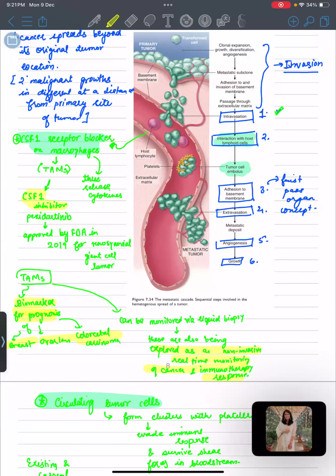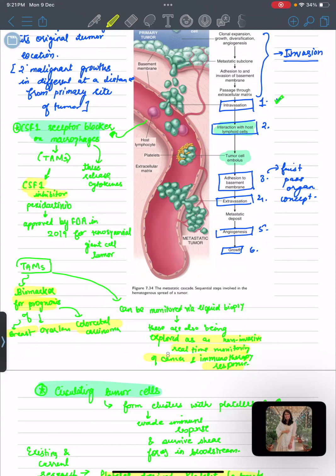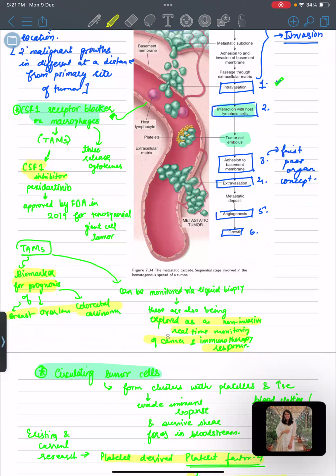CSF1 inhibitors were approved by the FDA recently, in 2019, for tenosynovial giant cell tumor. I was able to find a study on tenosynovial giant cell tumors. There might be other types of cancers too, since this was approved in 2019, so within a gap of 5 years, there have been studies on more solid tumors.